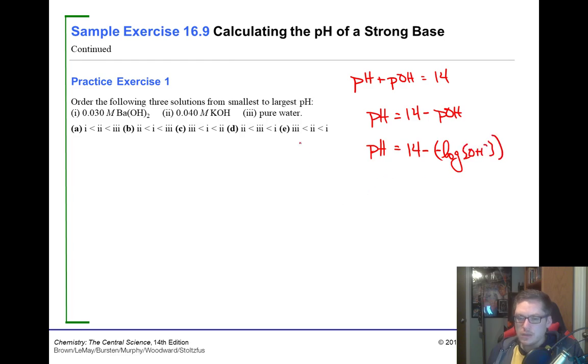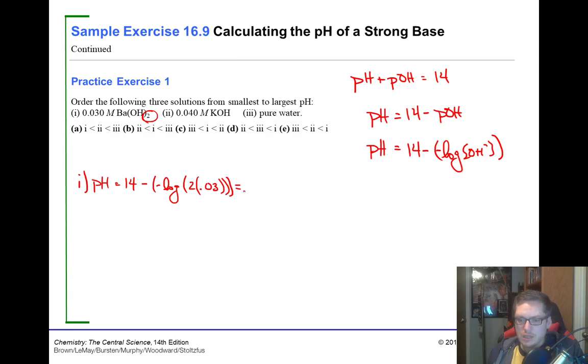So for the barium hydroxide, our pH would be equal to 14 minus the negative log of the hydroxide concentration. And this is the one I told you to watch out for, that 2 right there. So this is 2 times the concentration of the barium hydroxide, so 2 times 0.03.